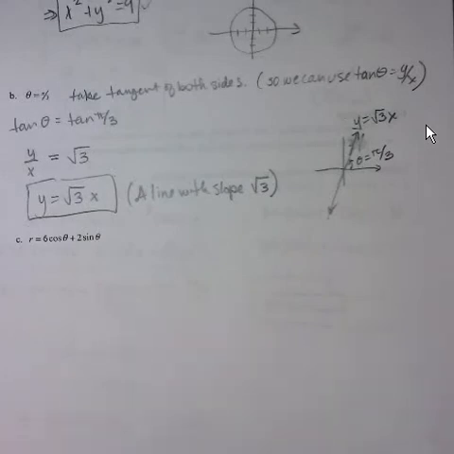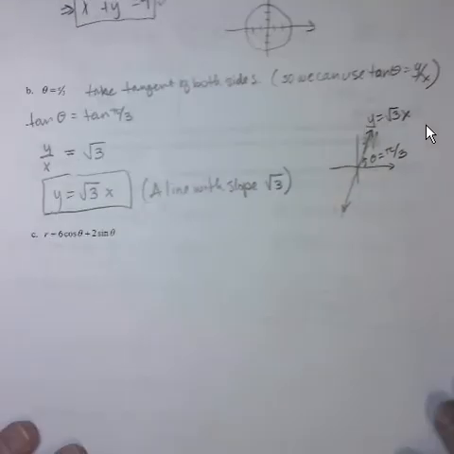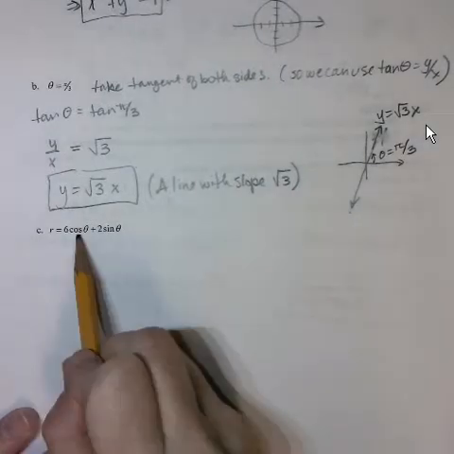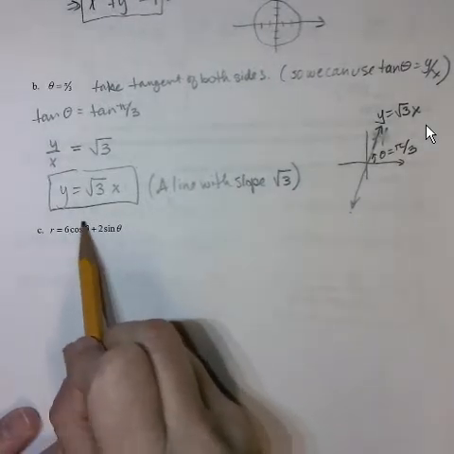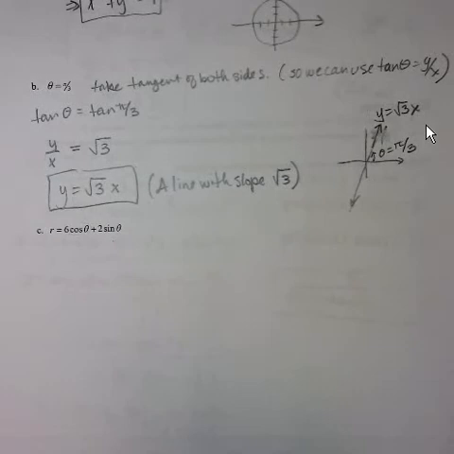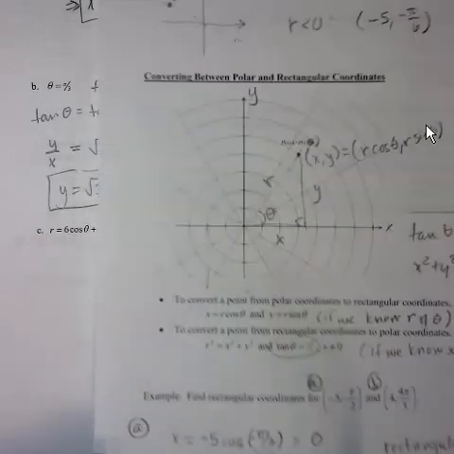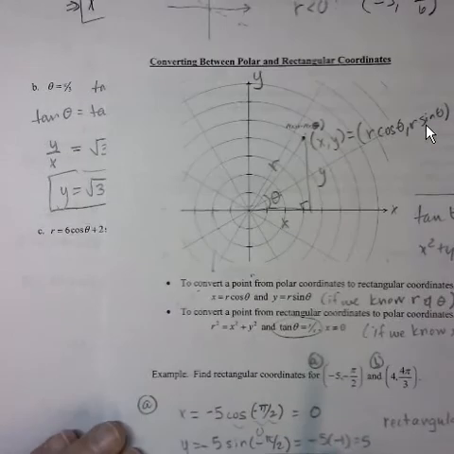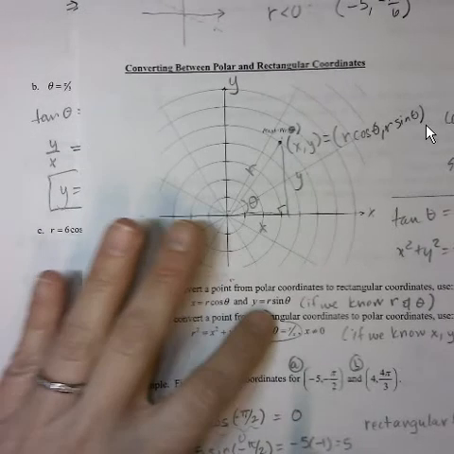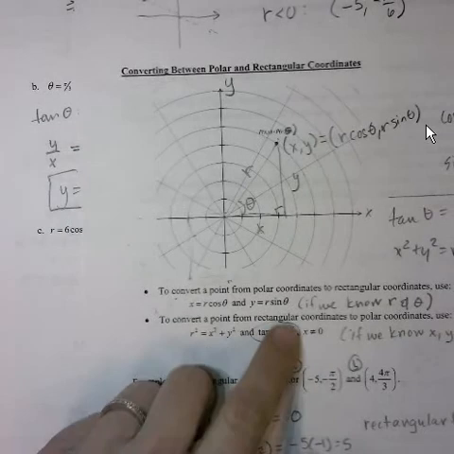Okay, C, because C has a function of theta, you're not going to use tangent here. We're going to do something else. And this one's a little tricky, but we still need to get x and y involved, so we can use either of these, but we can also use these.